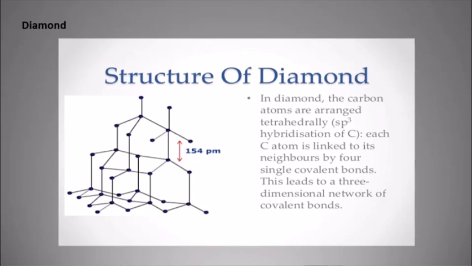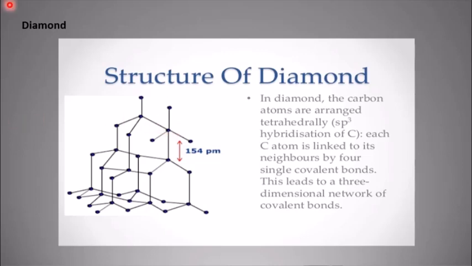So we all know that diamond is very hard, but what makes it so hard? It is because of the atoms which are present in the diamond. We know that carbon is present. Each and every carbon atom, for example, if you see this one carbon atom, will be bonded to four other neighboring carbon atoms.